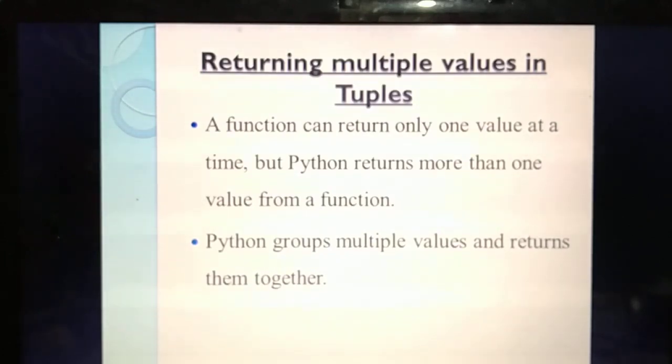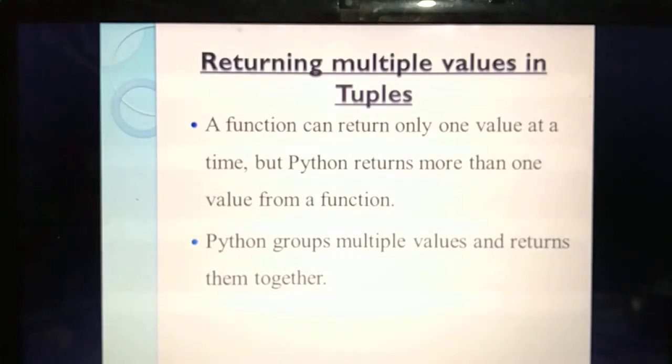Okay. What do you mean by multiple values? Multiple values in the sense more than one value. Normally if you define a function inside the program, a function will return some values, isn't it? Normally a function will return only one value at a time. For example, in a function, void read data of, inside you are given int a, return a.